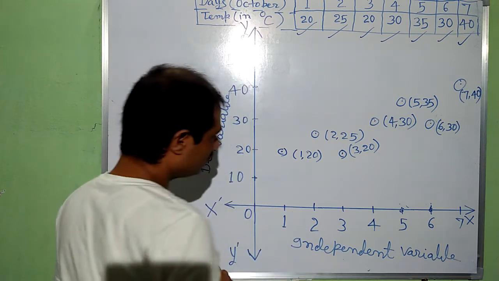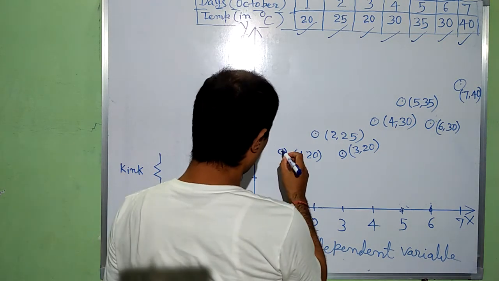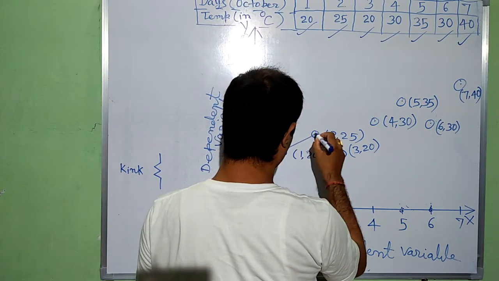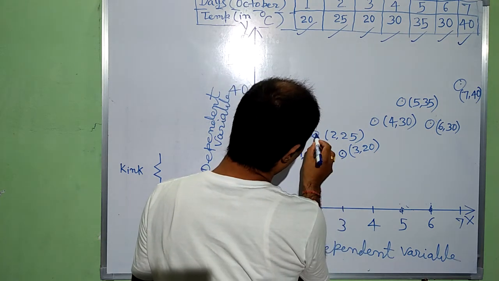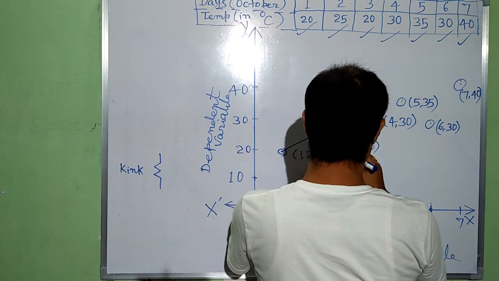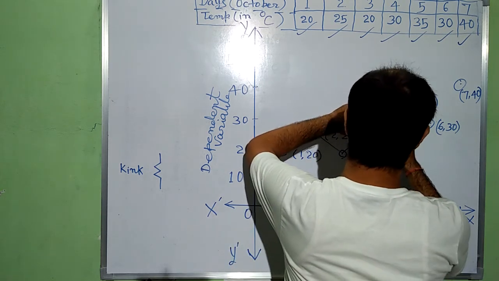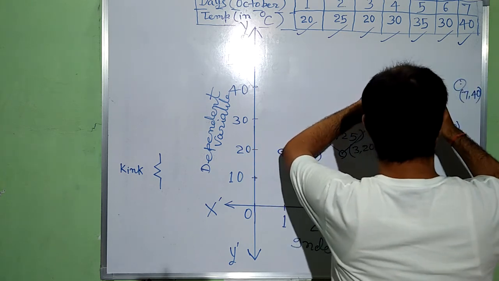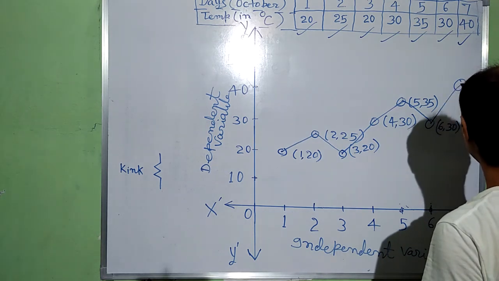Now we have to join these points. From here, after this, we have to arrive at this point: fourth, fifth, sixth, and seventh.